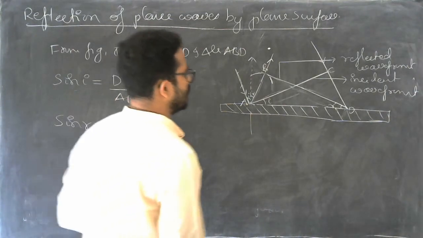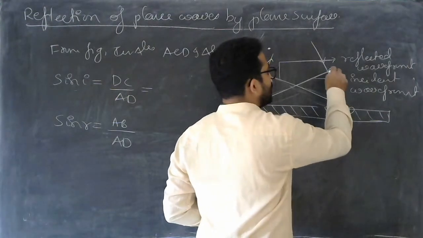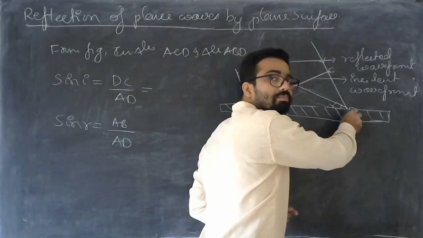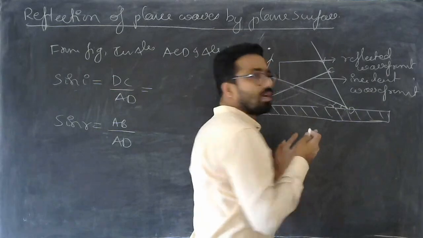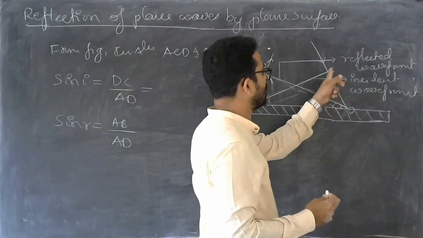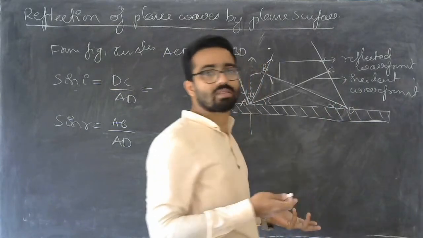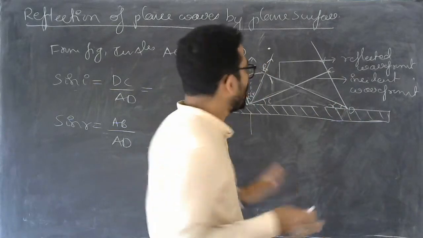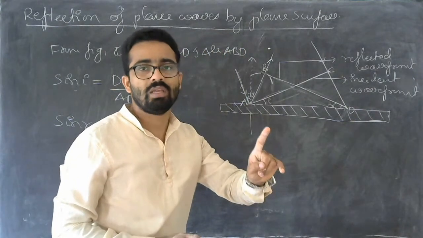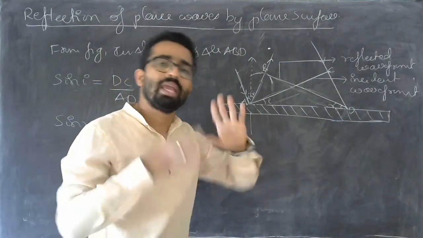DC means the wave at point C will reach point B. After some time, it will take some time to reach from C to B, at what velocity? Let us say v. All this reflection undergoes in one medium itself, in the air medium or any other one medium.